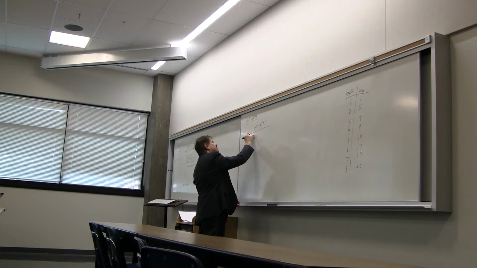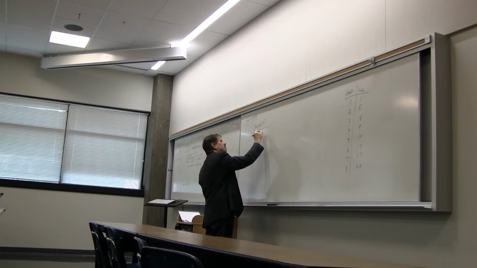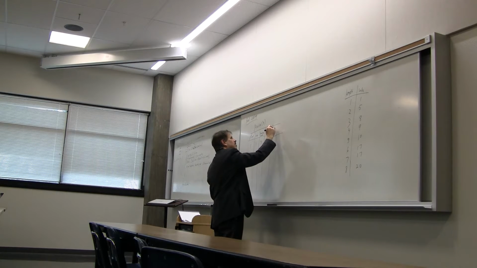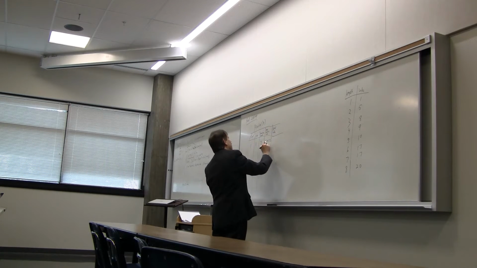Well, first cut: if we cut 1 inch of material, that's worth $1, and the remaining length is 7 inches, so the max remaining value is max val of 7, and the total value is 1 plus max val of 7.